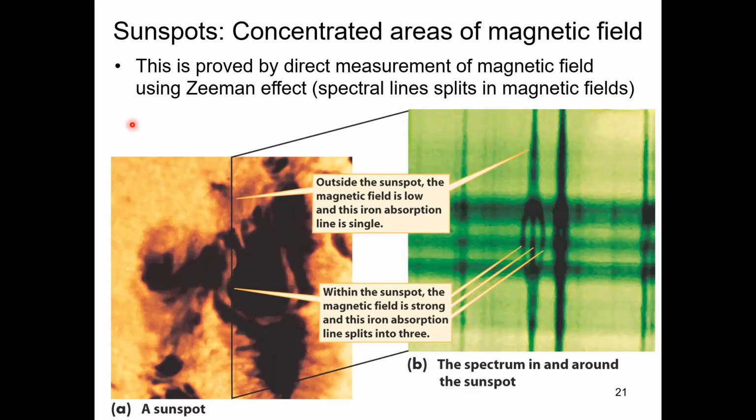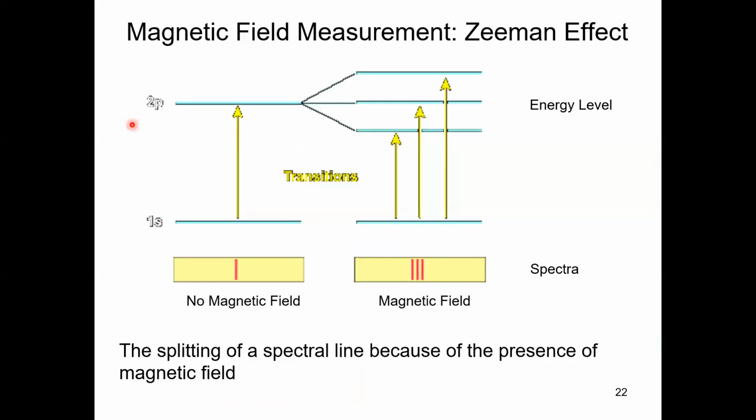So now the Zeeman effect says, well, it's a bit complicated. Let me show this one. Yeah, I think this is the best way to explain it. So what you see here are the energy bands of an atom, right?